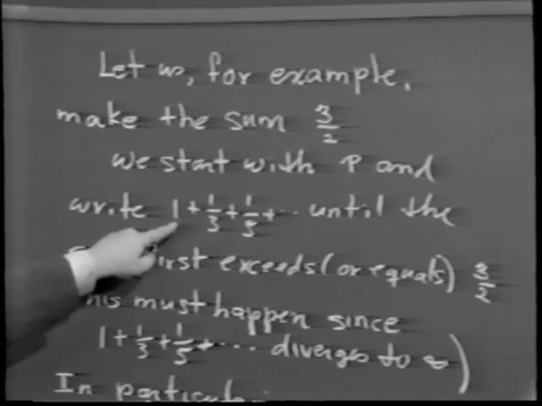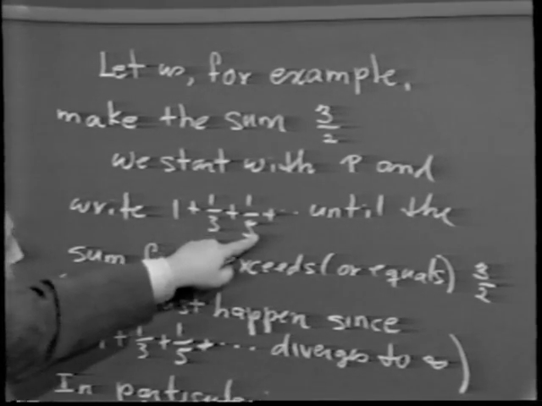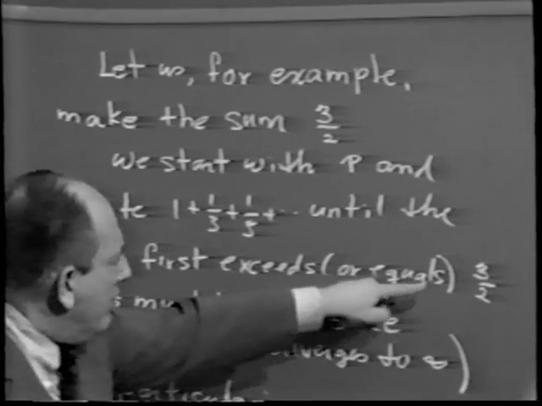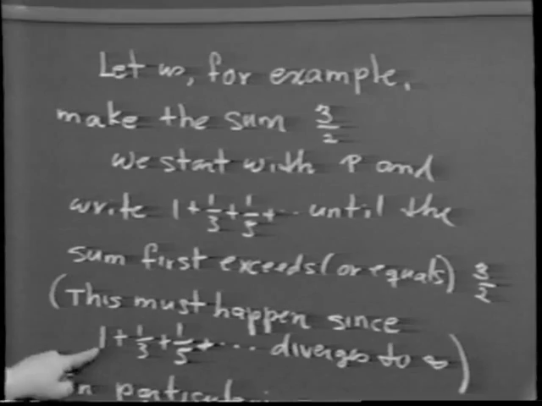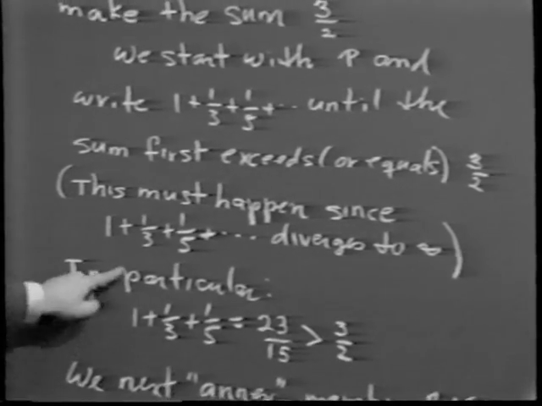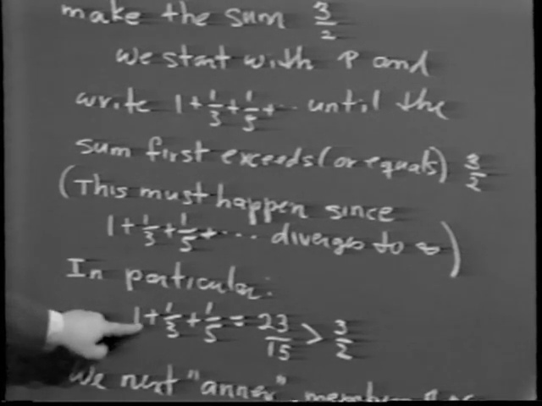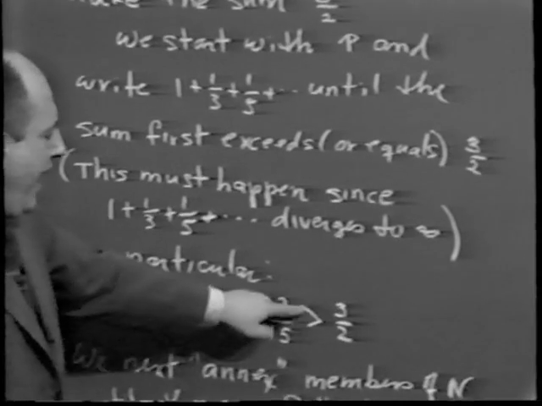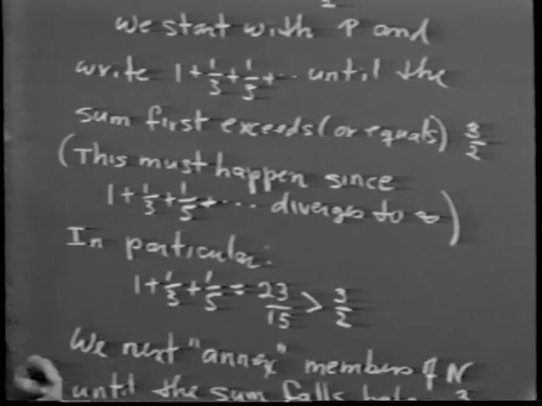So I write down all of these terms, add them up, until my sum first exceeds or equals 3 halves. And this must happen because the series diverges to infinity. In particular, I observe that 1 plus a third plus a fifth is 23/15ths, and that's now for the first time bigger than 3 halves.